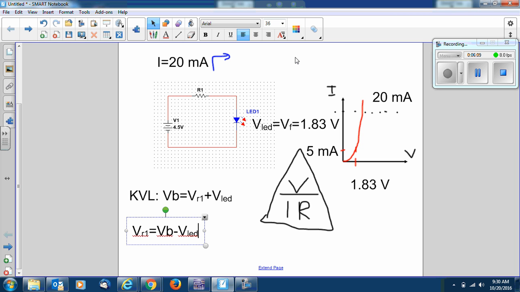And we can just plug in numbers straight away. We're going to have 4.5 minus 1.83, and that equals 2.67 volts.